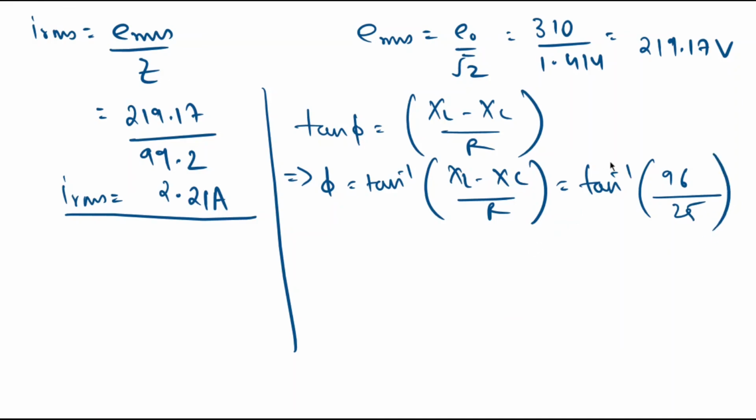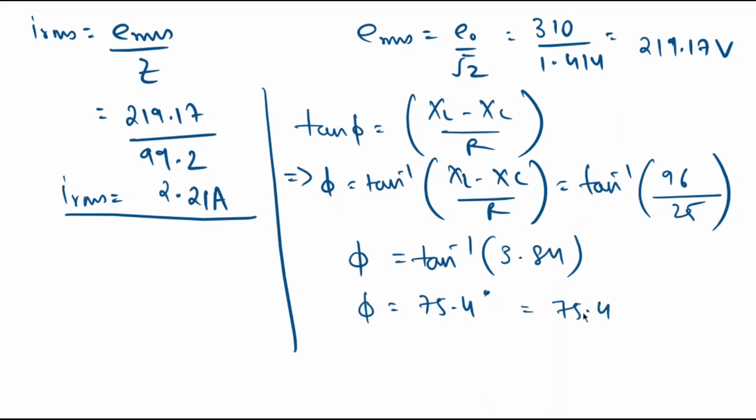Now solving this, we get phi equal to tan inverse of 3.84. Now calculating the tan inverse, we get phi equal to 75.4 degree, but we need to find it in radians. So 75.4 into pi by 180. Solving this, we get phi equal to 1.315 radians. I hope you understood this sum.